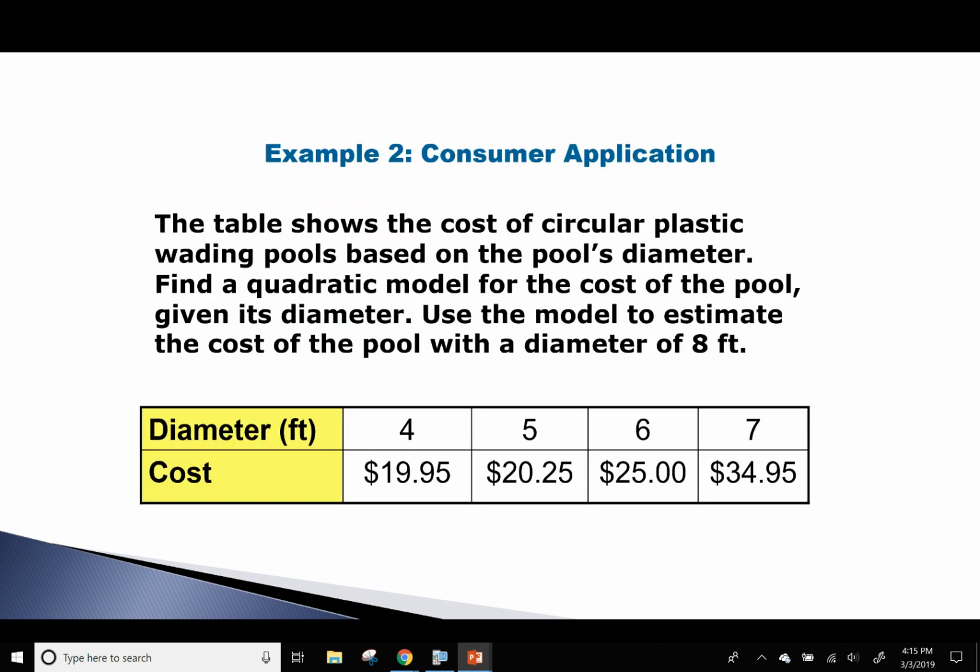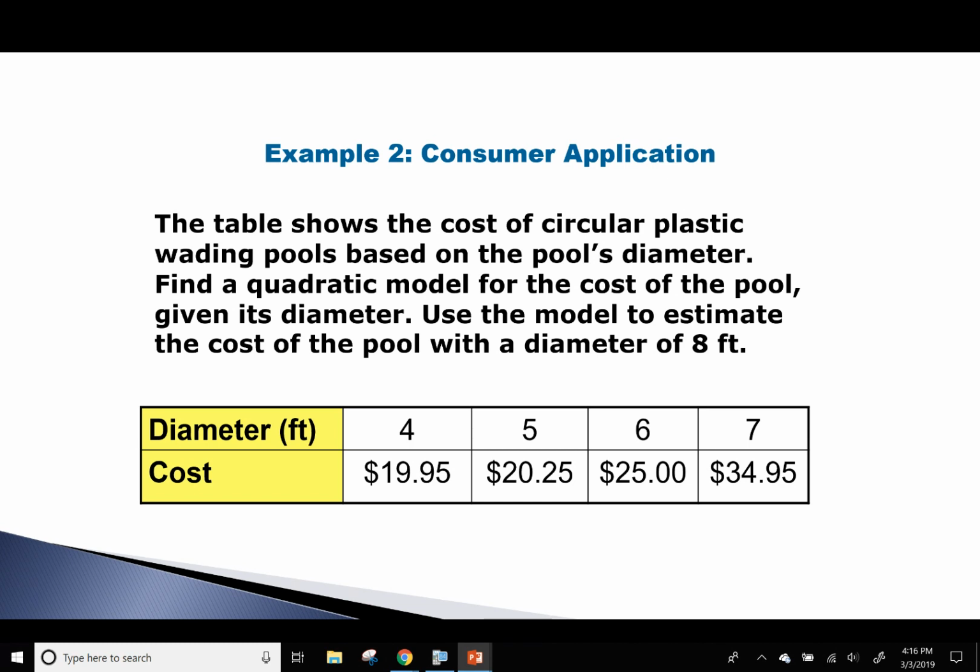So now let's get into our calculator. Let's do some of the grunt work with that. The table shows the cost of circular plastic wading pools based on the pool's diameter. Find the quadratic model for the cost of the pool given its diameter.